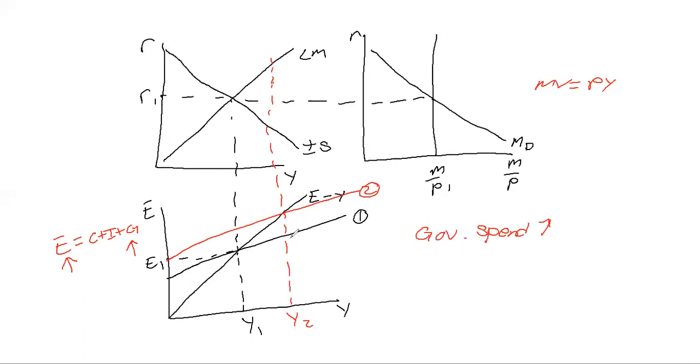So here, when we increase the expenditure, we're going to see an increase in our output/income, which will in turn increase the IS curve to IS2. Okay, so now we have an equilibrium where we have interest rates at R2, expenditure at E2, output at Y2.